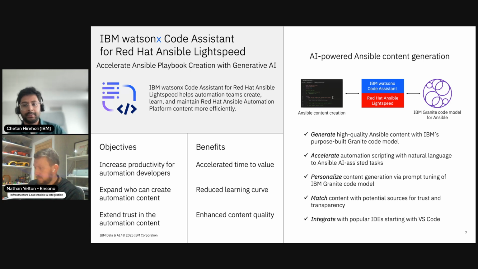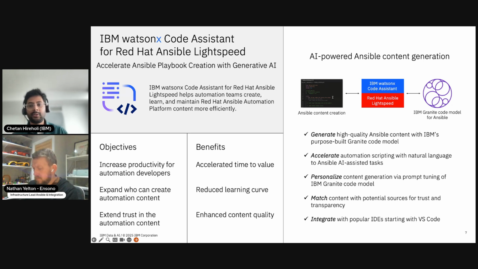It simplifies the process of Ansible playbook creation through pair programming with AI in the navigator seat, providing AI generated recommendations. The challenges we see today are automation developers often face inefficiencies due to manual and repetitive tasks.